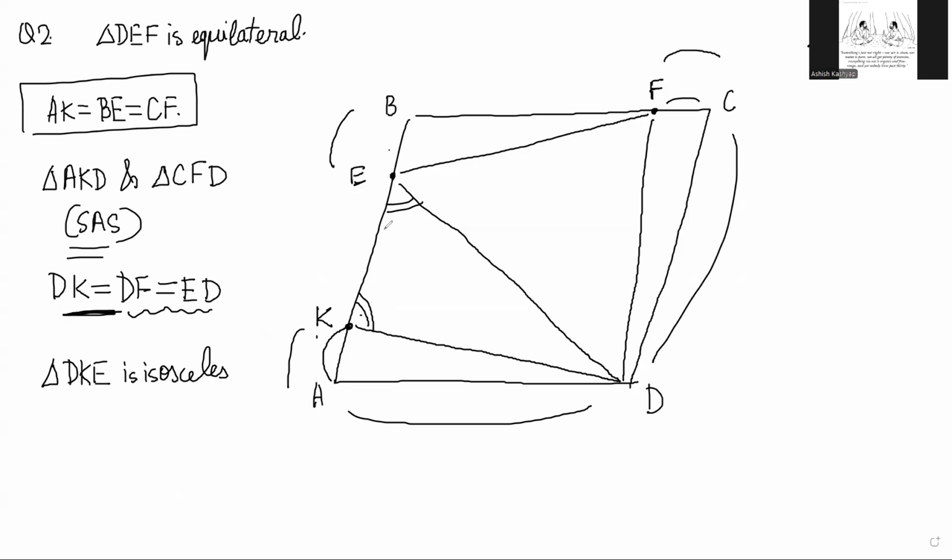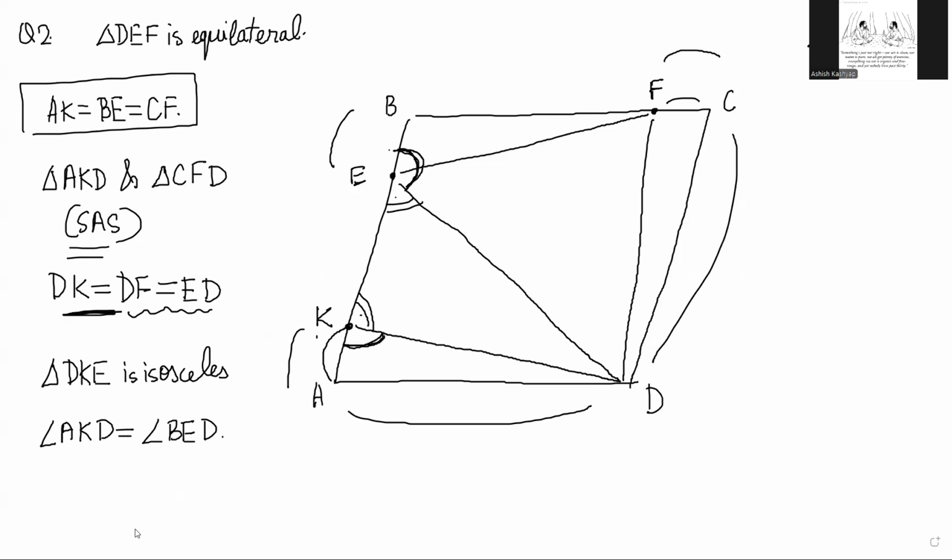So if this angle is equal to this angle, then if you look at the 180 minus of that, this angle should be equal to this angle, right? So angle AKD must be equal to angle BED.